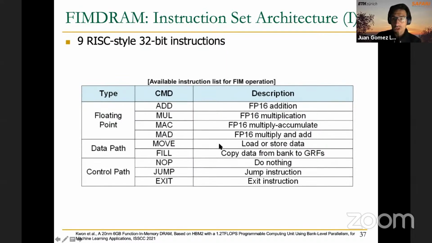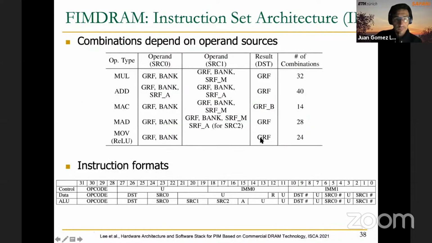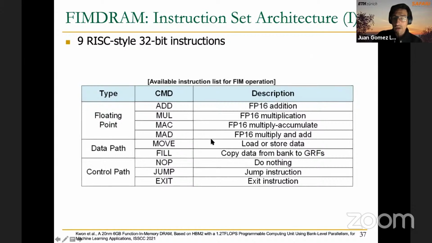We have move, which is to move data either from the banks or from registers, from one register to a different one, or fill, which is to copy data from a bank to the general register file.